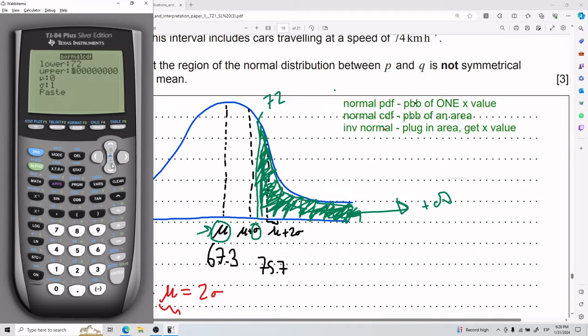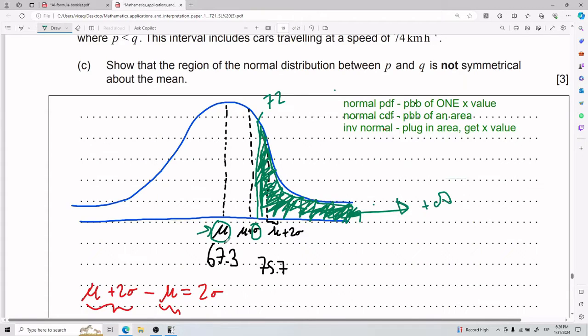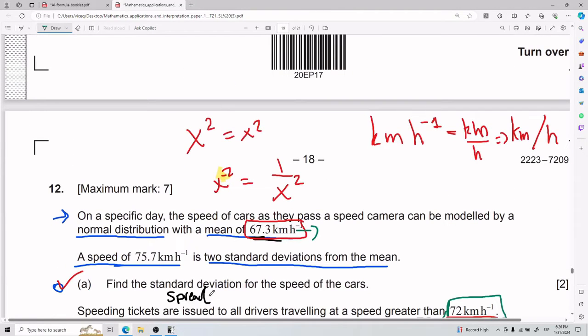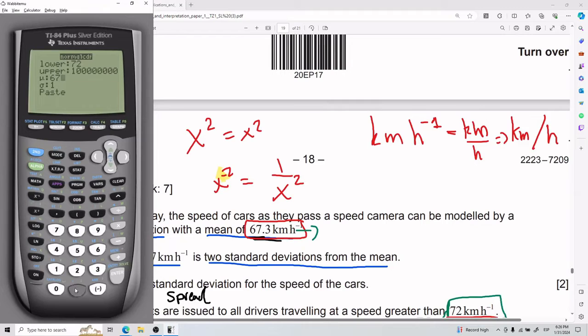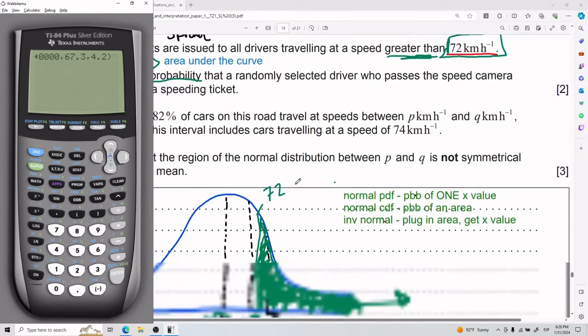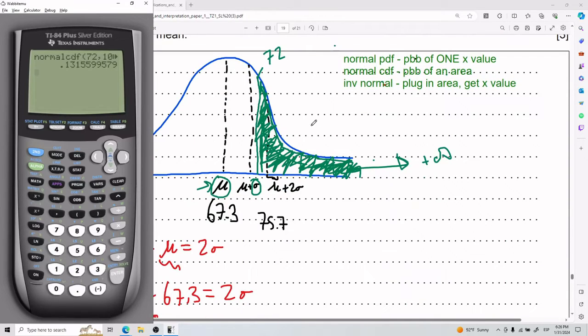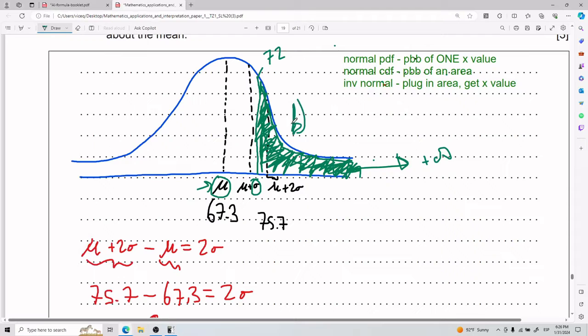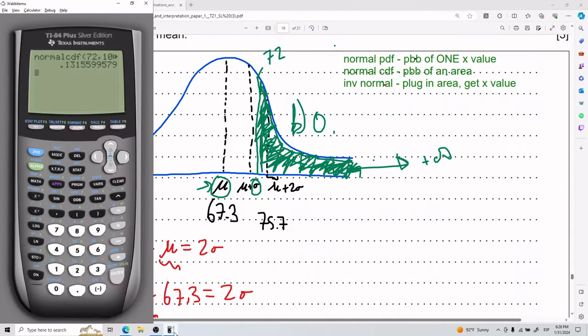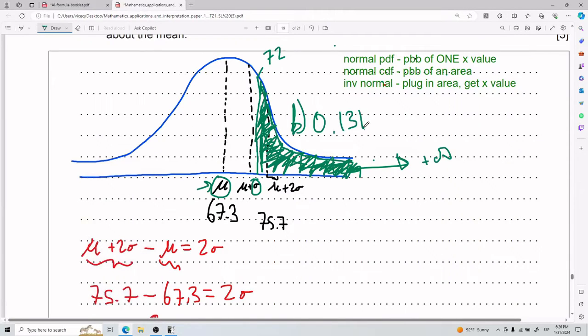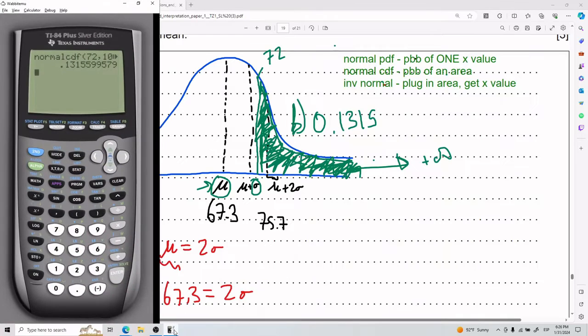What is the mean? They gave us the mean. The mean is 67.3. The standard deviation, I got it from part A, 4.2. Go ahead and paste. There it is. So this area in green, for part B, is 0.1315.